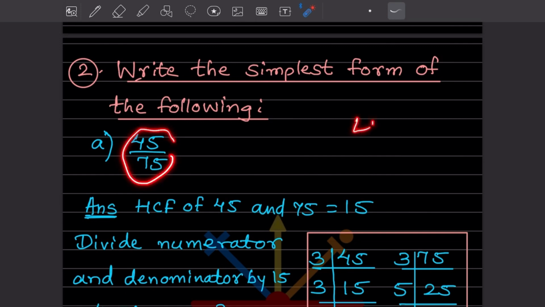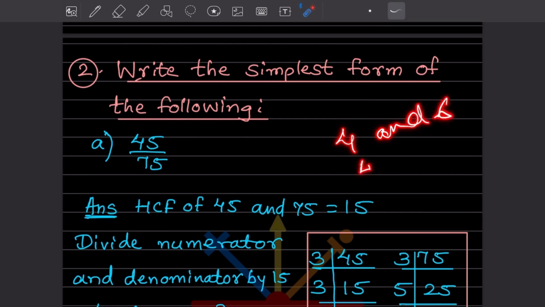See, with LCM, when the two numbers are there, suppose I ask for the LCM of 4 and 6. Usually we take the factors of 4, that will be 2 into 2. And then we take the factors of 6, that is 2 into 3. In both, we are going to see the common ones.